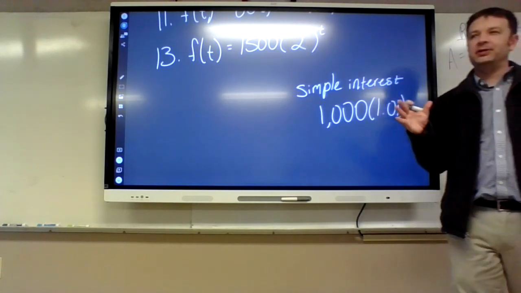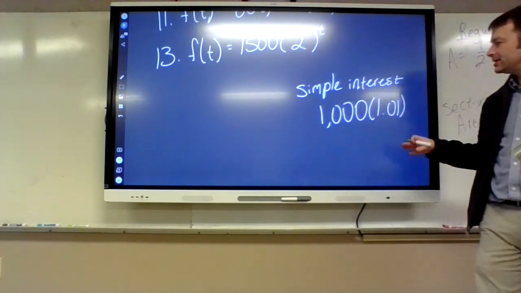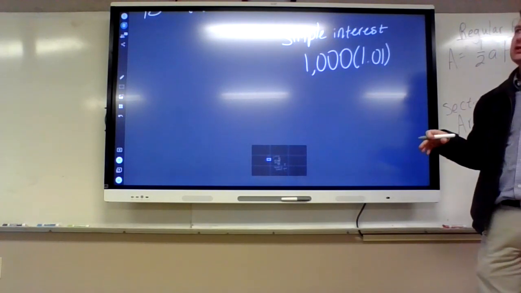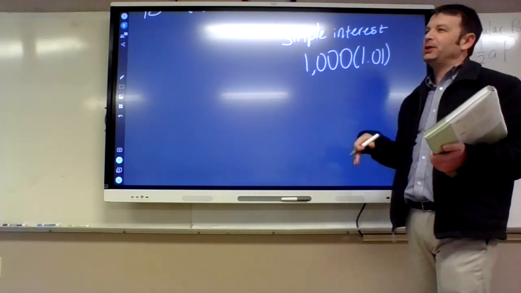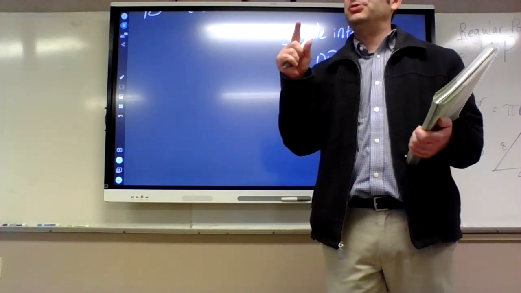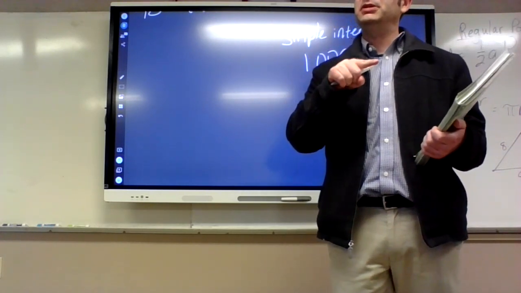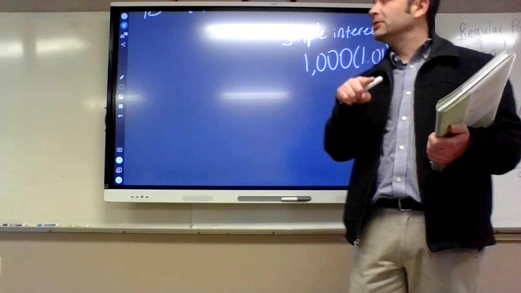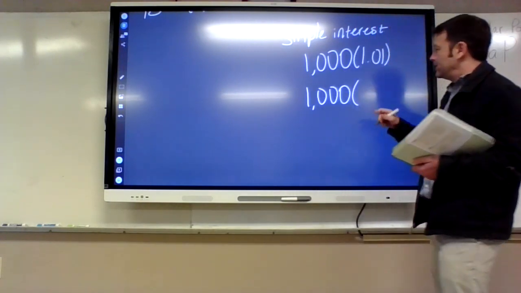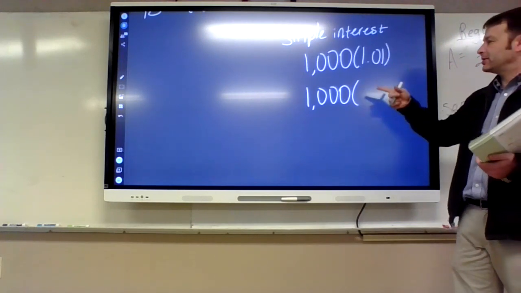Okay, compound interest is a little more complicated. Maybe they'll tell you we'll pay you 1% interest, but we're going to pay you 12 times a year, monthly. Okay, but here's where it gets a little tricky. If they pay you monthly, they're not going to give you that 1% every month.